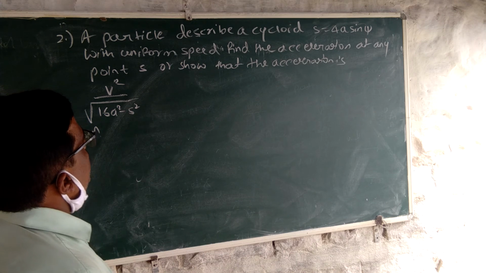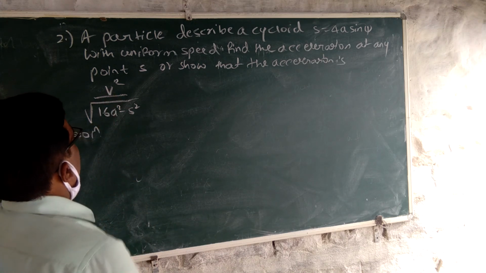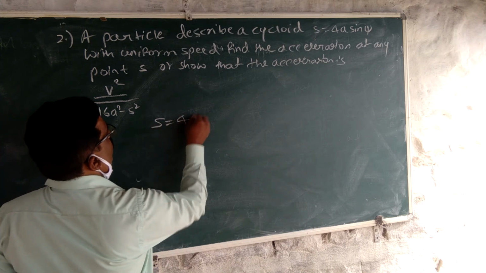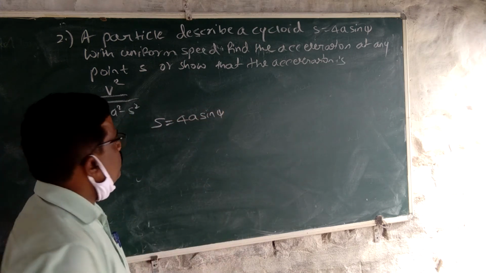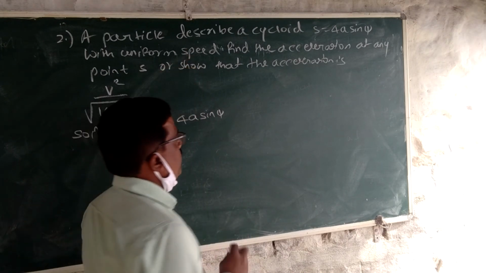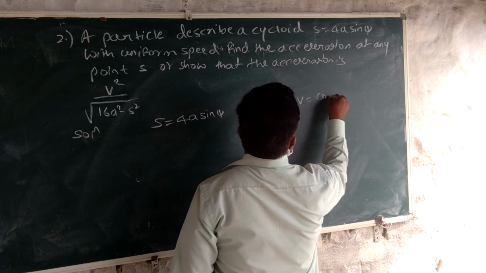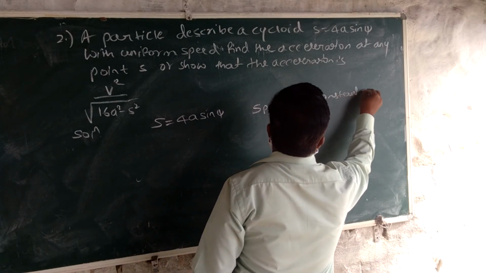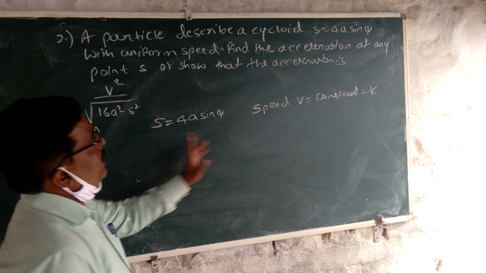Now we first write the given quantities. S is equal to 4a sin psi. The speed is uniform, that means v is constant, or v is equal to k.